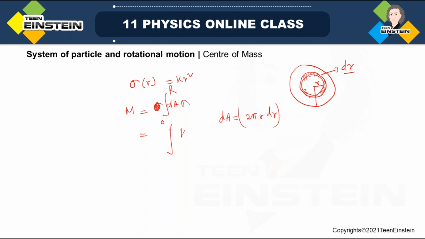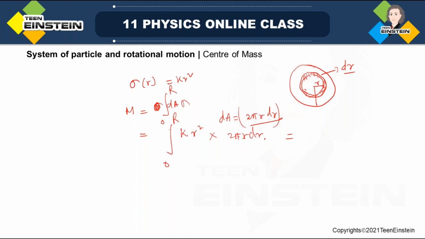So k r square is sigma, and it goes from 0 to capital R. And this area is 2 pi r dr. If we integrate this, what do we get?